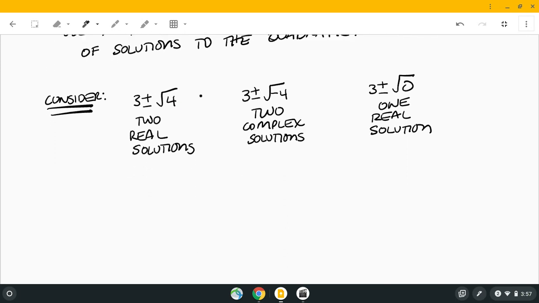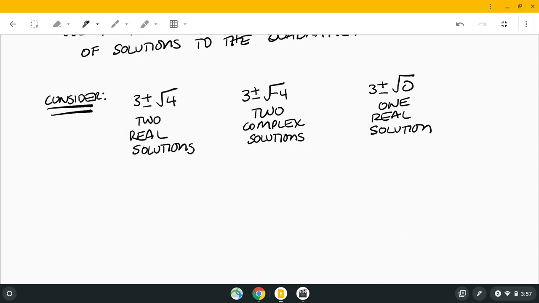These examples are some concrete examples for the general rule about the discriminant. Remember, inside the radical, inside the square root, that's the discriminant.